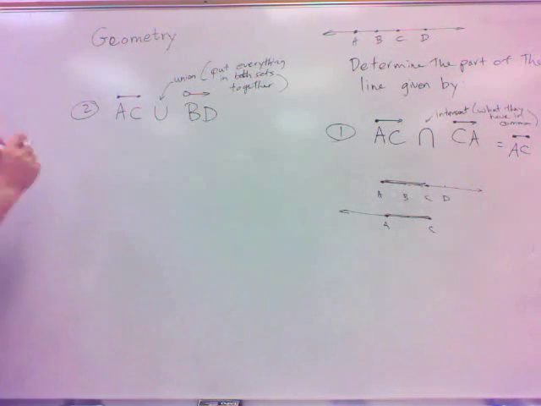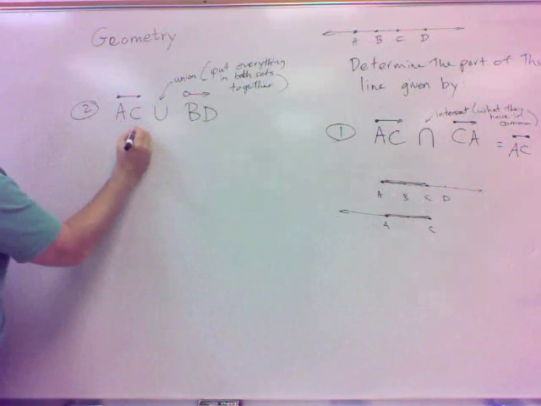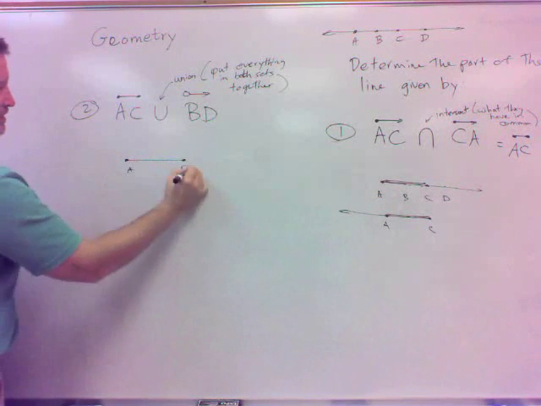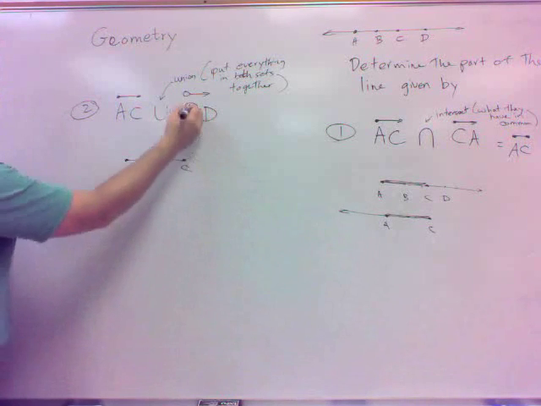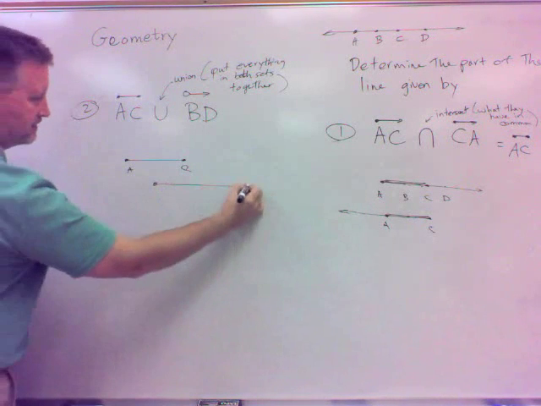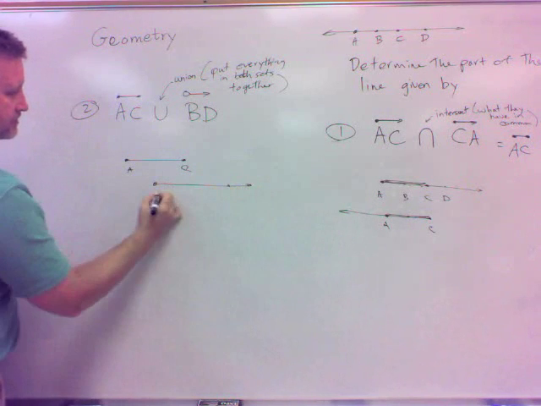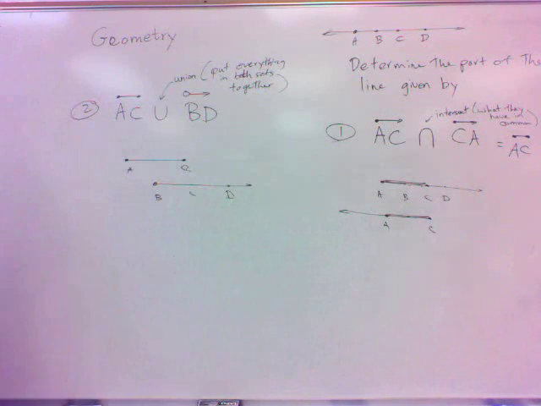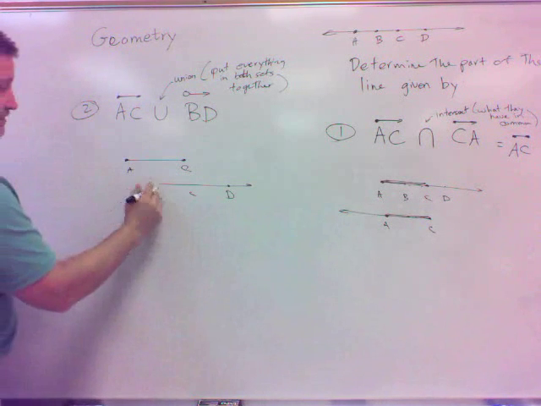So I'm going to take everything in set segment AC, which is A, B, C, combine that with everything in half line, starts at B, D. C, D, all those. Right, B is not included in the half line.